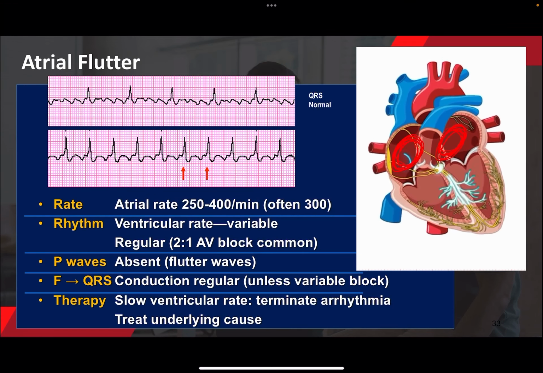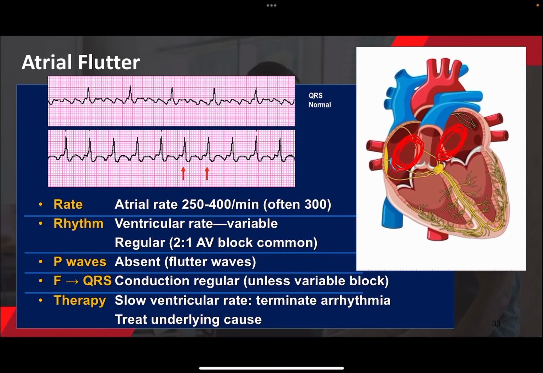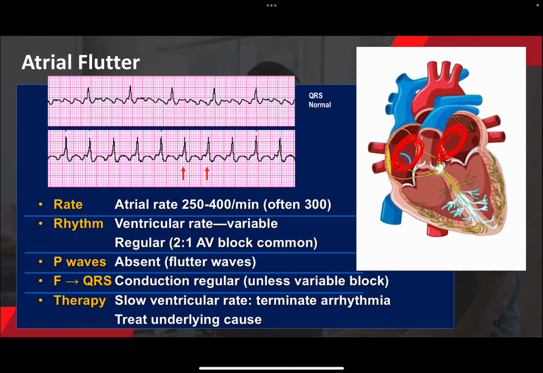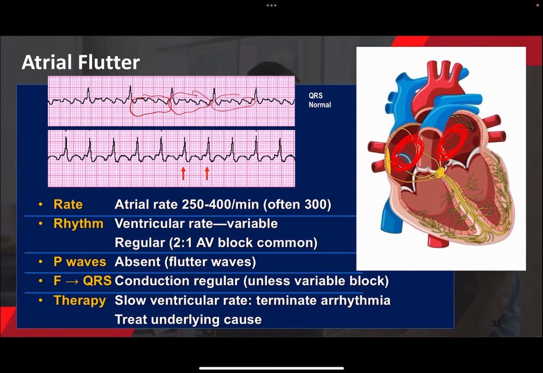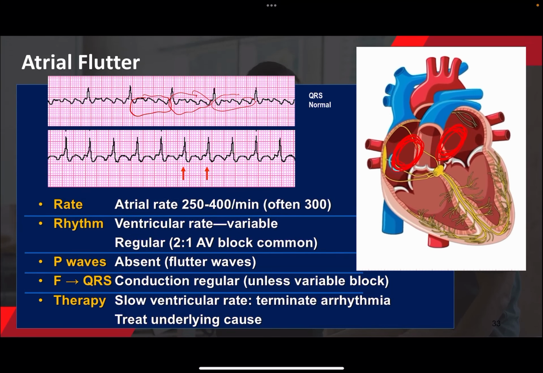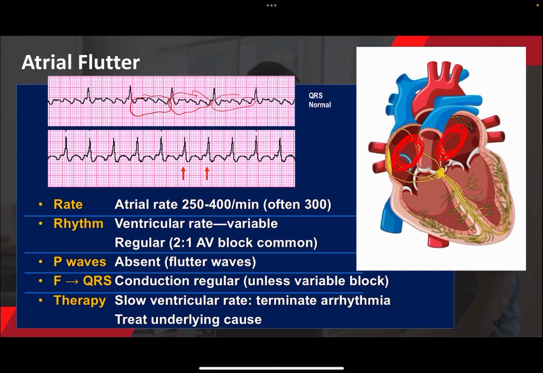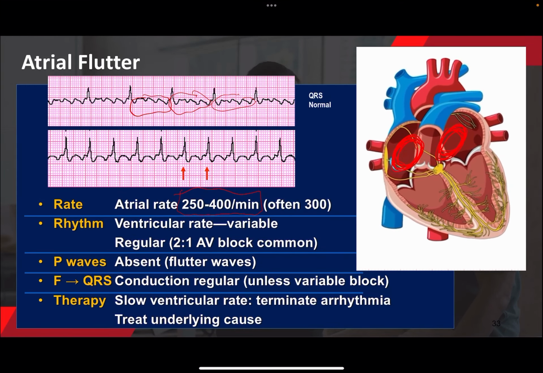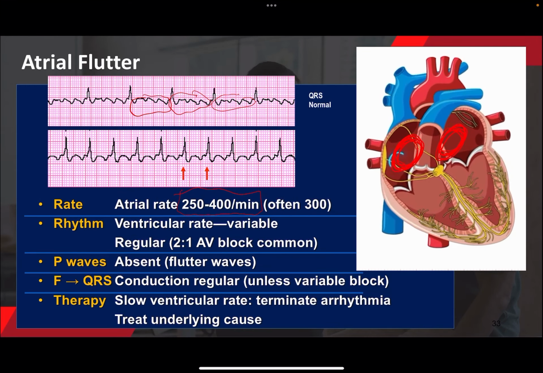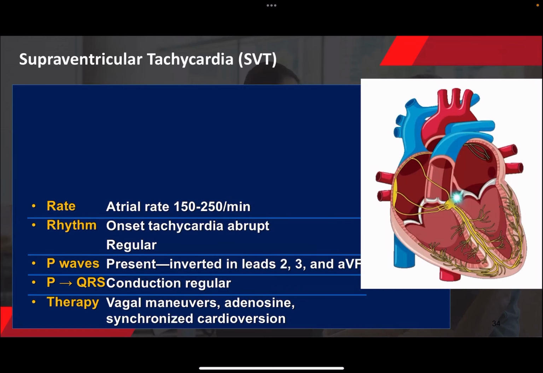It's well known for its characteristic sawtooth pattern. It looks like a sawtooth. Your atrium is pumping too fast, sometimes reaching up to 400 compressions per minute. You only see a flutter wave on this one.